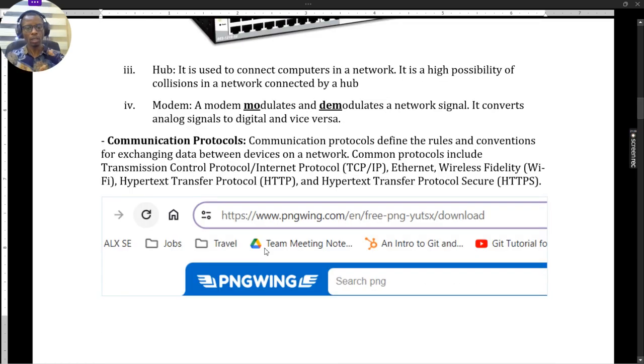So now moving on to communication protocols. Simply speaking, a protocol is just a rule, a convention that some people decided on. For example, Dell, a computer manufacturer, and there's another one, HP.